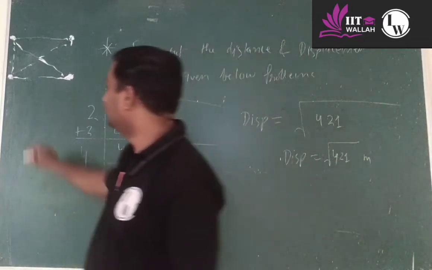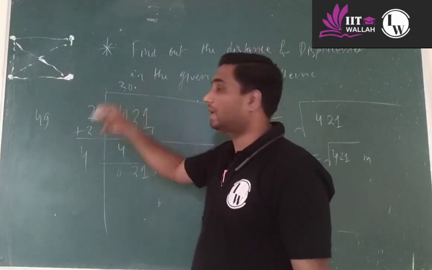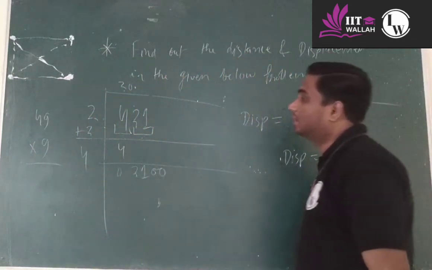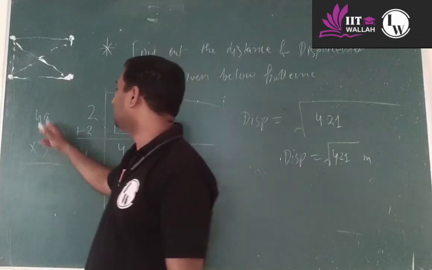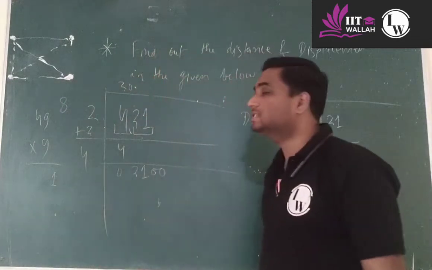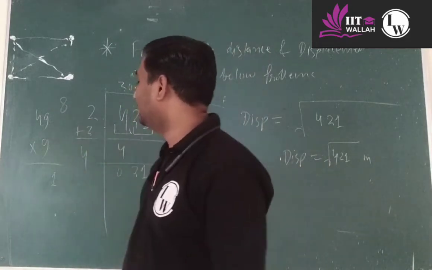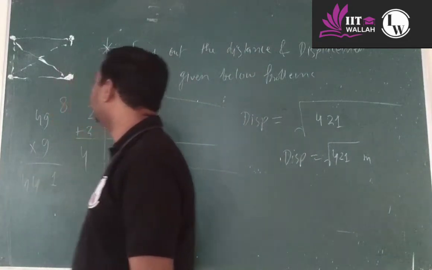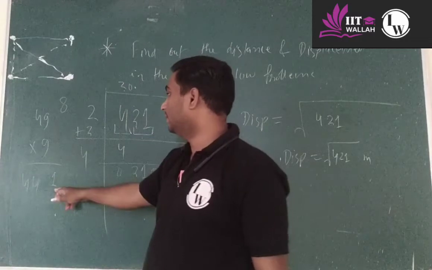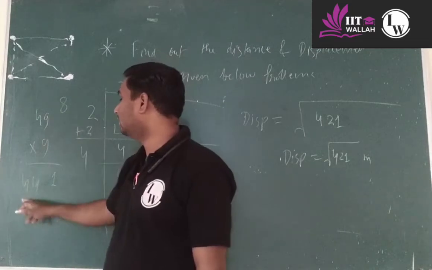So take 9 by 4, 9. If you take 9 here, then you have to write 9 here also and multiply. 9 into 9 is 81, carry 8. 9 fours are 36, plus 8 is 44.